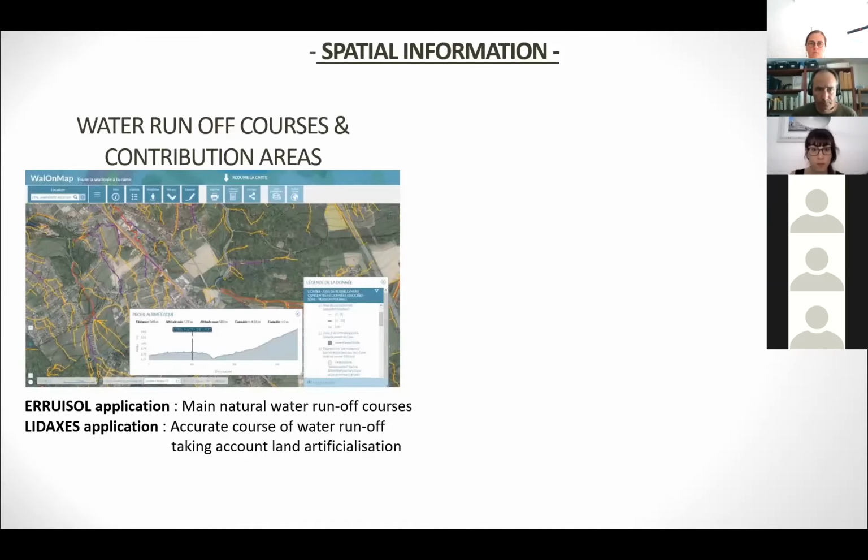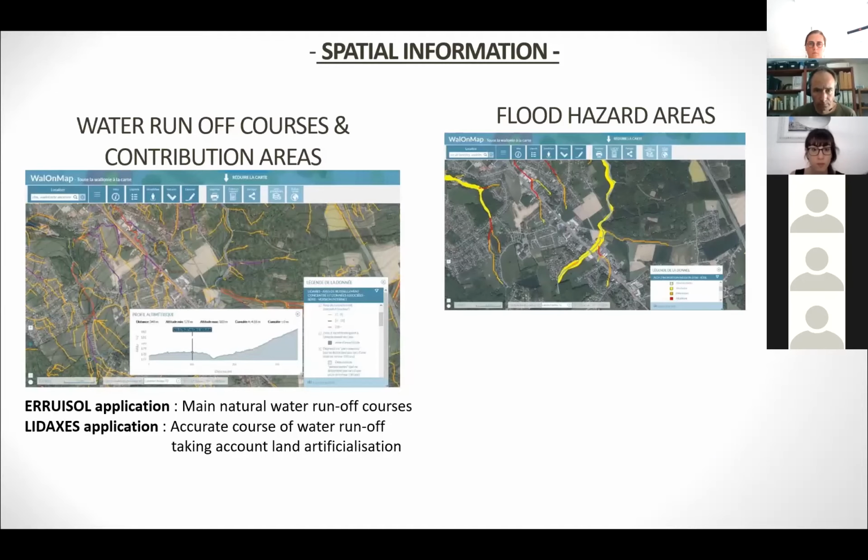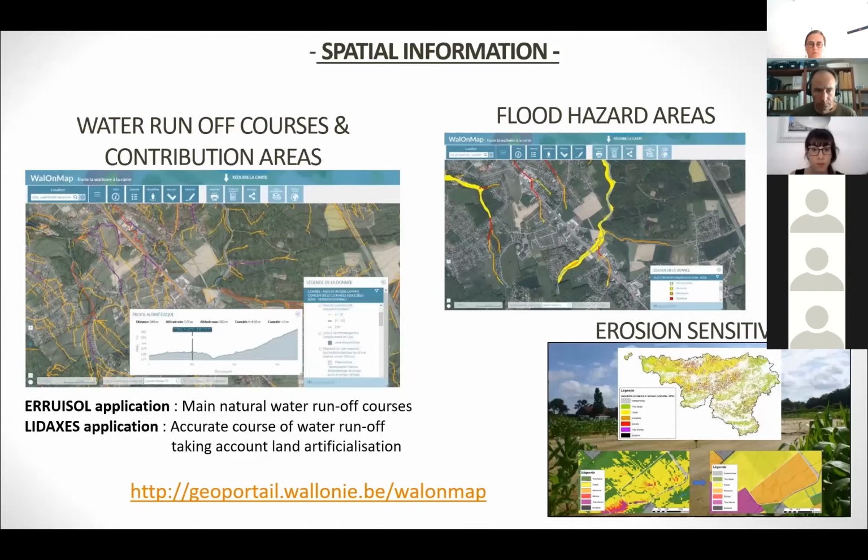People from GISER use spatial information. So you see here three kinds of maps. The first one is the water runoff courses and contribution areas. Typically these maps are the result of research projects conducted in the university, and it gives the axes where the runoff is occurring.